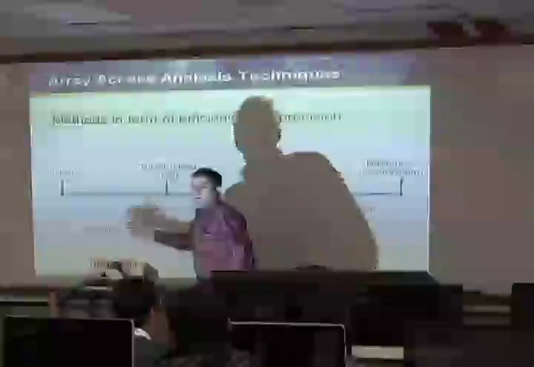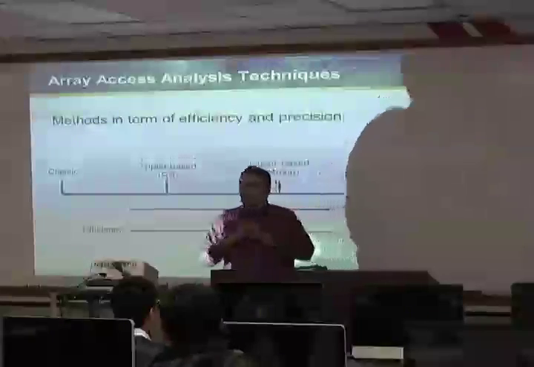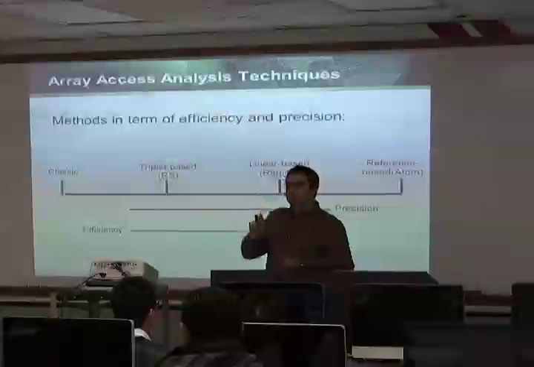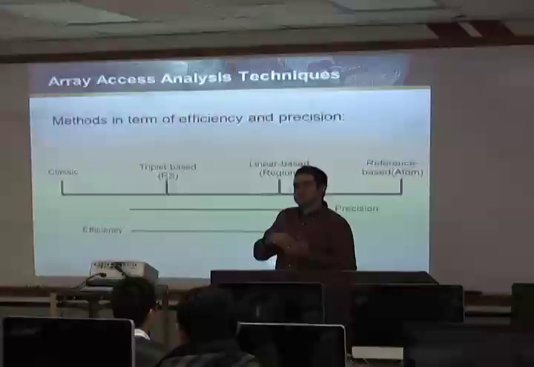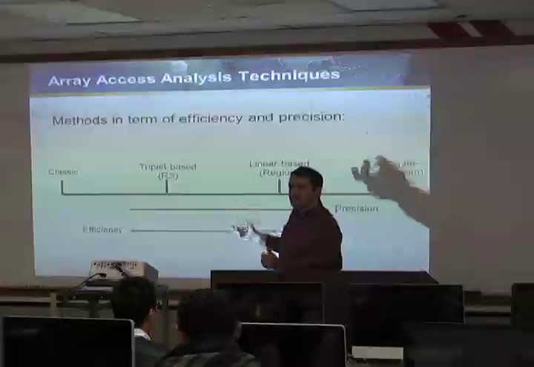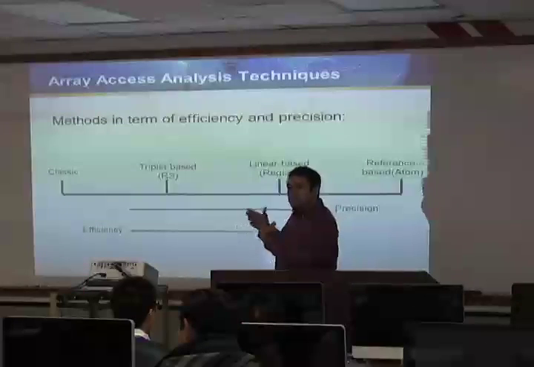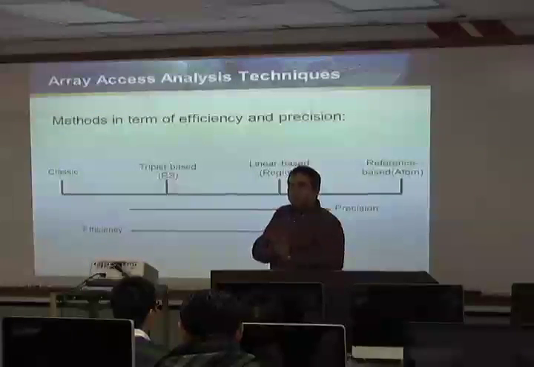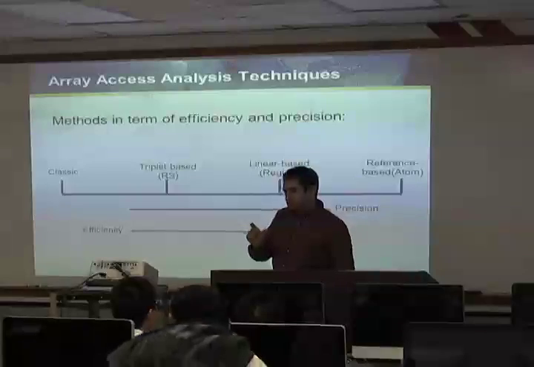The classic methods, as I mentioned, consider the array as a whole. So they just use 2 bits, and only 2 bits need to be stored. That's why it's very efficient. But as far as accuracy, it's not, because it doesn't give any information about the regions that have been accessed.